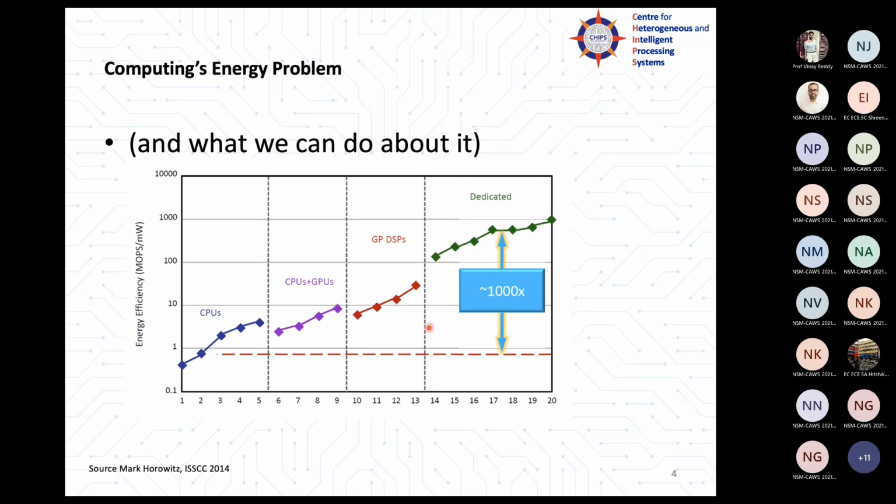But at the end of the day, if we are looking at significantly better performance, we have to move towards what are called dedicated hardware, custom solutions, or custom accelerators. If you are looking at 1000x energy efficiency, the only way we can achieve that is by going towards dedicated custom solutions.